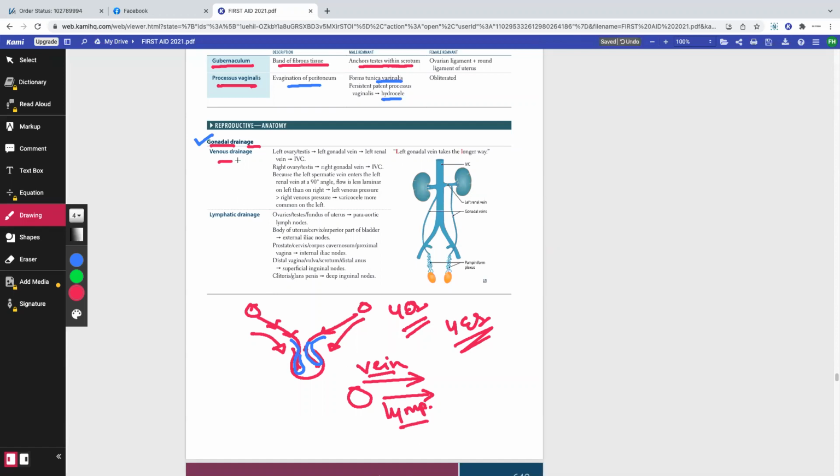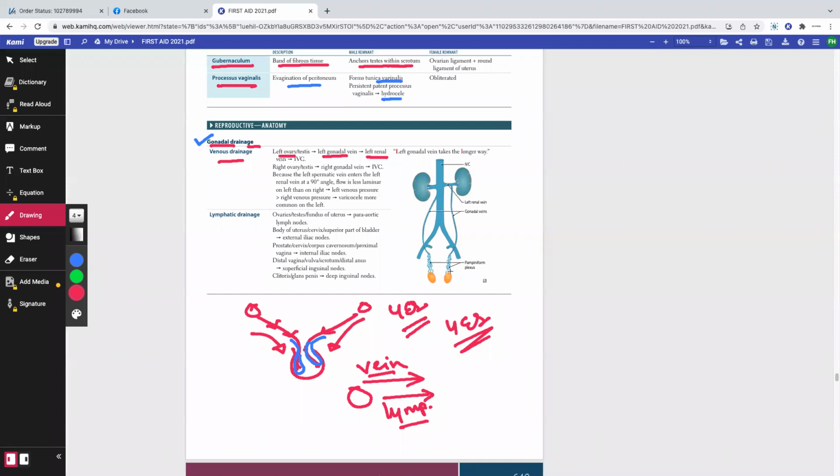So venous drainage, the left one and the right one. The left ovary or the left testis will drain into the left gonadal vein, and then the left gonadal vein will drain into the left renal vein. Let's say that this is the left renal vein, and this is the left-sided testis, for example.